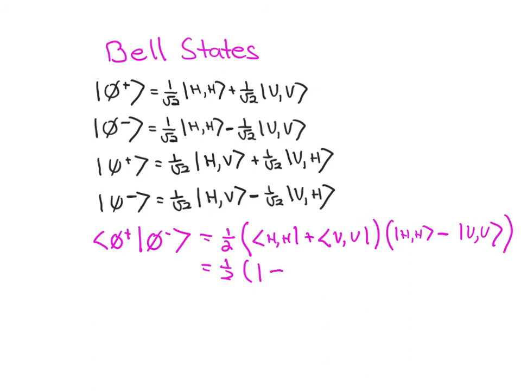So you have a minus 0, and then a plus 0, and then finally a minus 1. And that all adds up to 0. And you can check for each combination here: if you take the inner product of any pair, you're going to get 0.